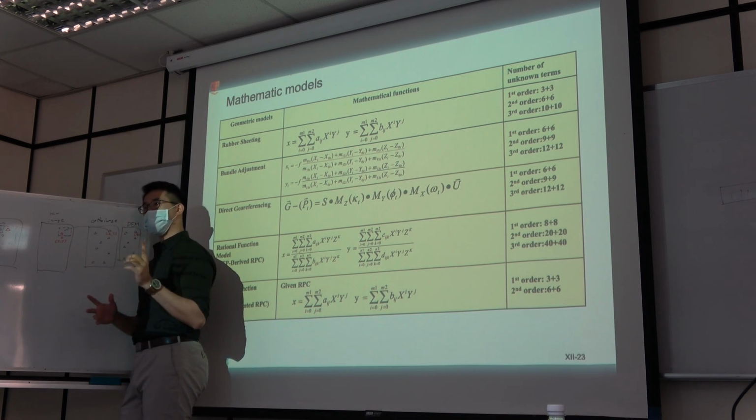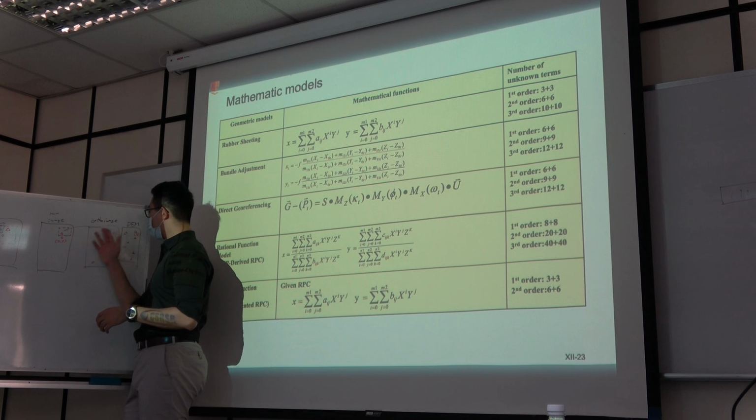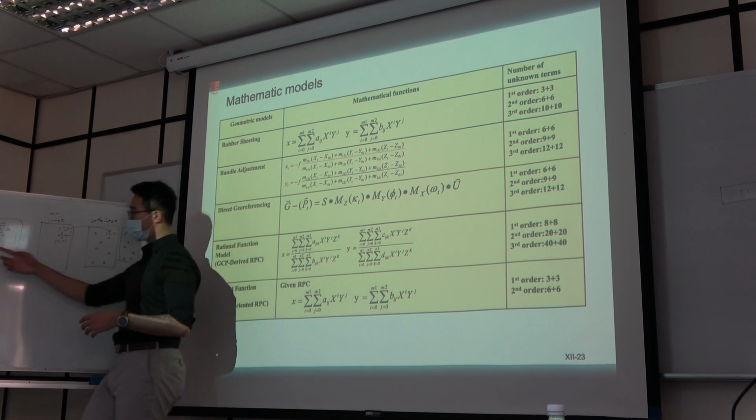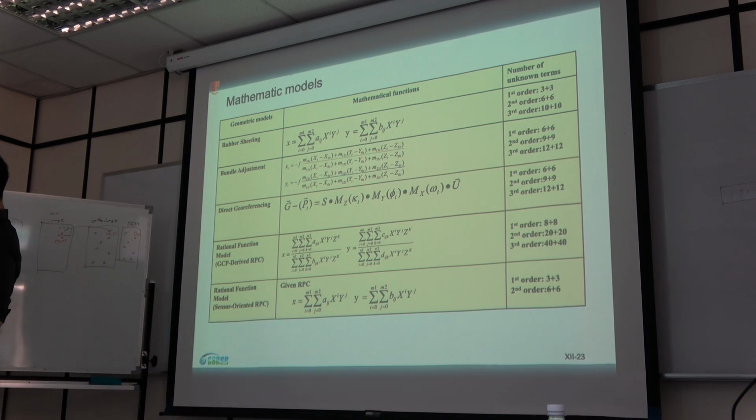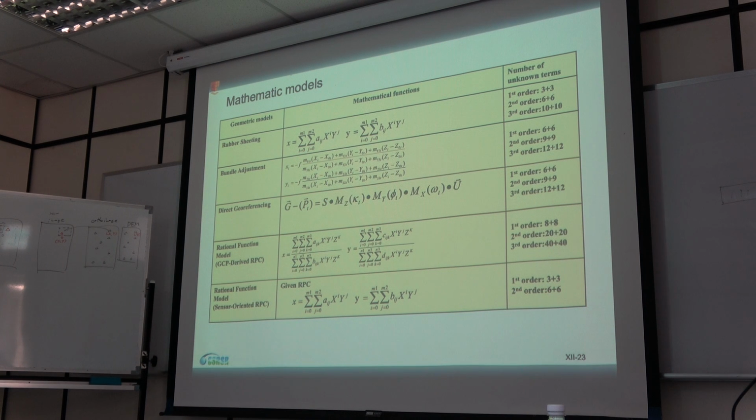However, the other way you can do it is, if you have a large amount of points like this, then you can apply it to the local region. You can derive the mapping function between the raw image and the offshore image, and you resample each of the small regions so that it matches the offshore image.